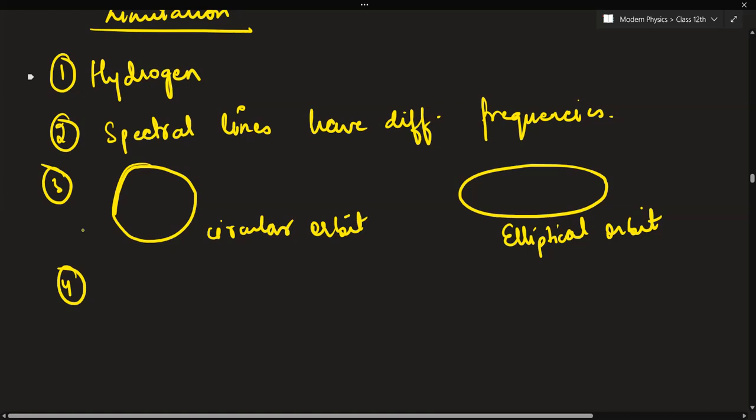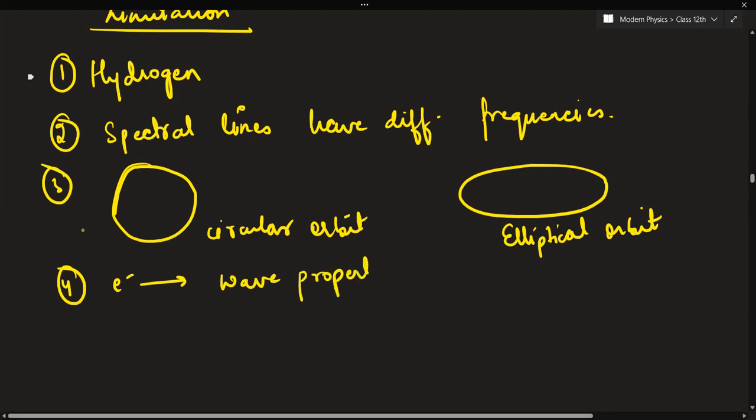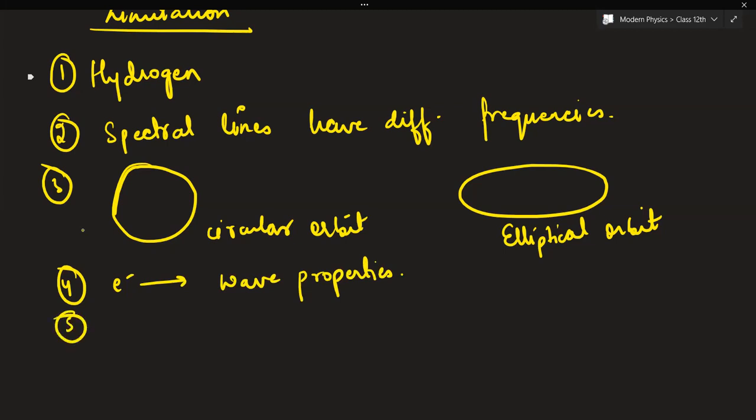In Bohr's theory we started with the dual nature, de Broglie's wavelength and everything, but it didn't consider anything regarding de Broglie's wavelength. Electrons exhibit wave properties, so the orbits of electrons cannot be exactly defined in Bohr's theory. That became a limitation, because it was proven by de Broglie that electrons have wave-like characters.